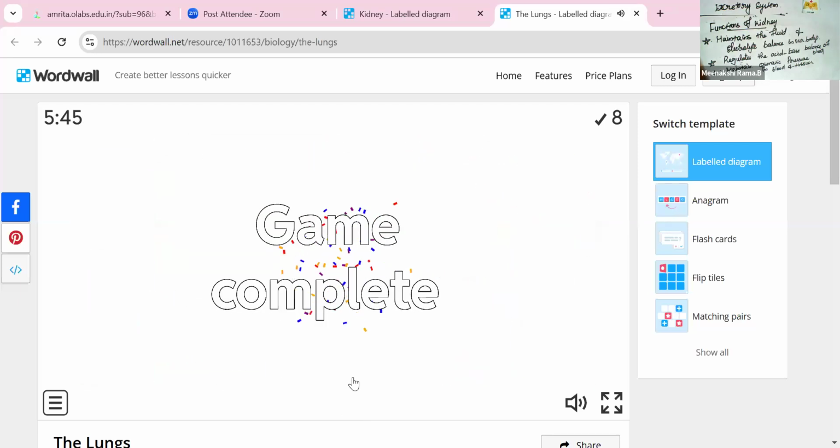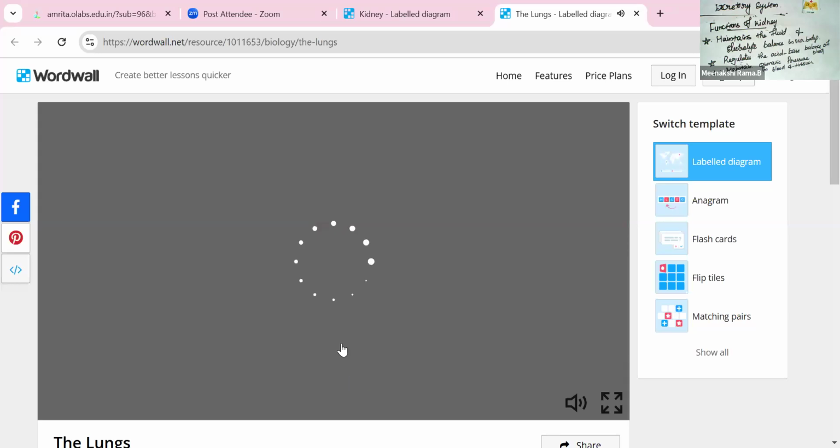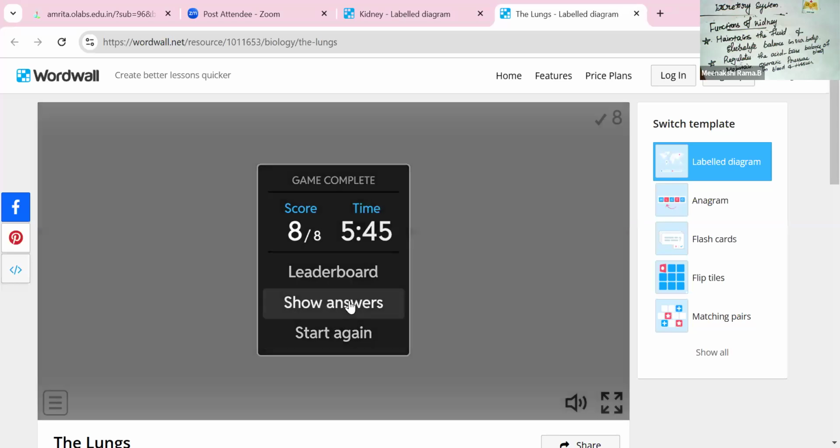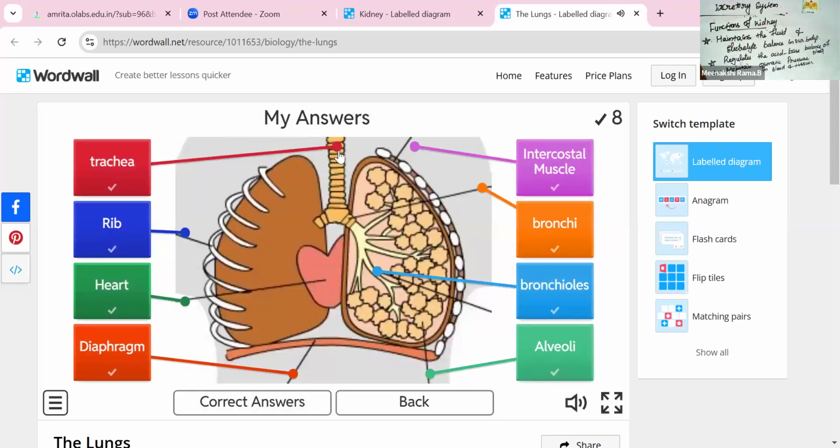So this part is known as the trachea. This part is known as the rib. The ribs are present on the sides of our chest. This is the heart. This is the diaphragm.